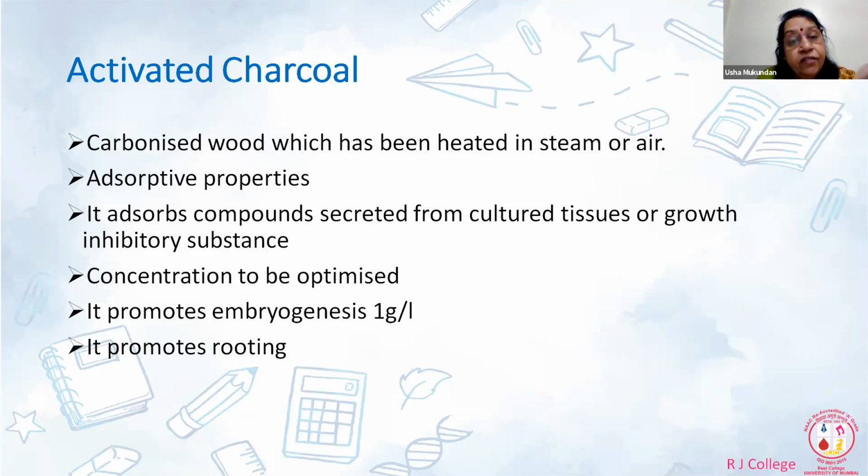So for rooting, very often when there is a transition from stage 3 to 4, for the multiple shoots to form roots, activated charcoal is added in the culture medium. So activated charcoal is a very important supplement in plant tissue culture.